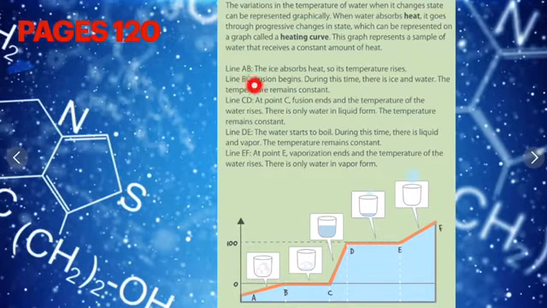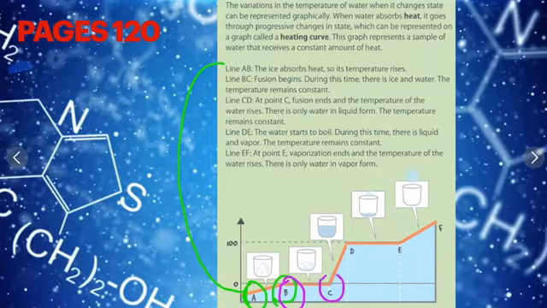So now let's observe that over here it tells you that from line A and B, the ice absorbs heat, so its temperature rises. So this one right here is this one, okay?